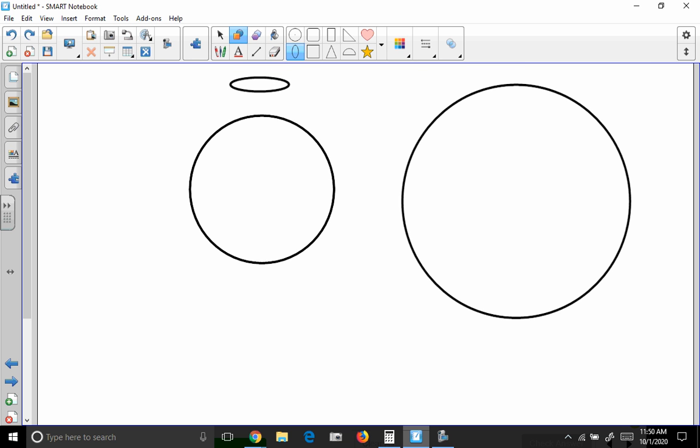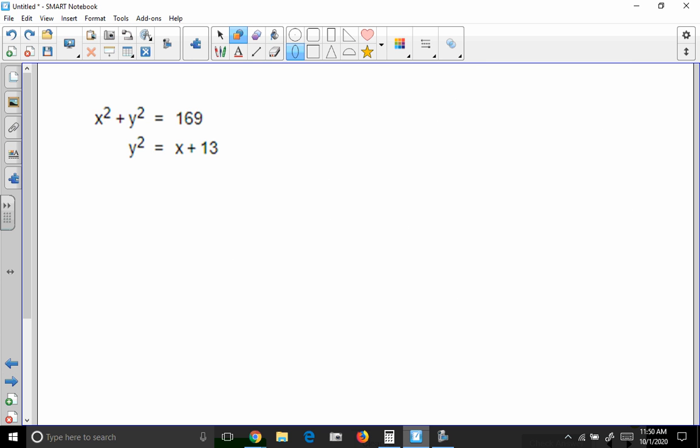Lots of different combinations of equations, of shapes, and the number of solutions. But we're not going to have to do any graphing. Our equations are going to tell us how many solutions we have. So let's go on to another one.